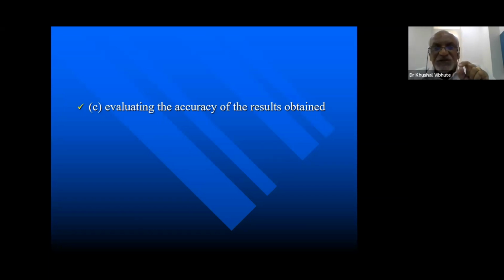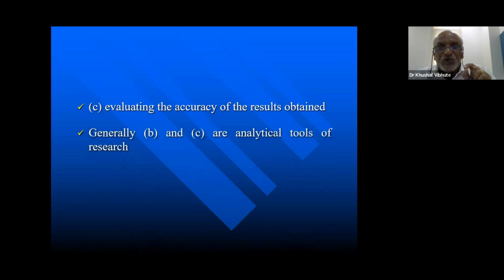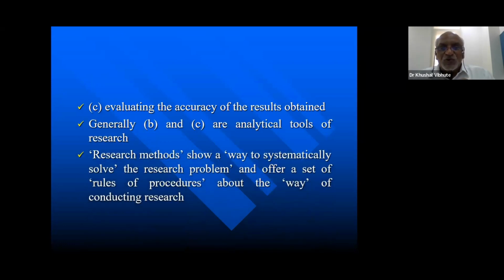So therefore, research methods, in a sense, show you the way to systematically solve the problem, to have insight into the problem which you identified for inquiry. These research methods together, in fact, lay down the rules of procedure for you to make inquiry. Therefore, the use of research methods really makes your research a systematic one.